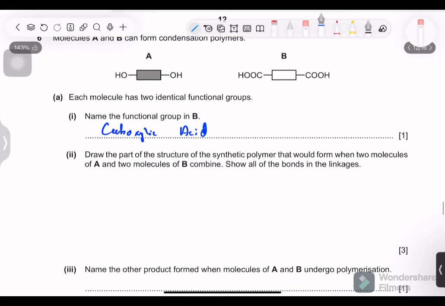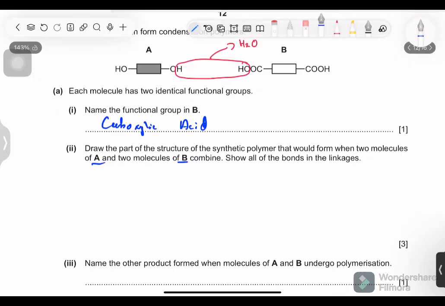Draw the part of the structure of this synthetic polymer that will form when two molecules of A and two molecules of B combine. Show all of the bonds in the linkages. So what will happen is there will be ester bonding. The OH from the acid and the H from the alcohol will eliminate and a water molecule will be formed, and an alternating arrangement will be there.